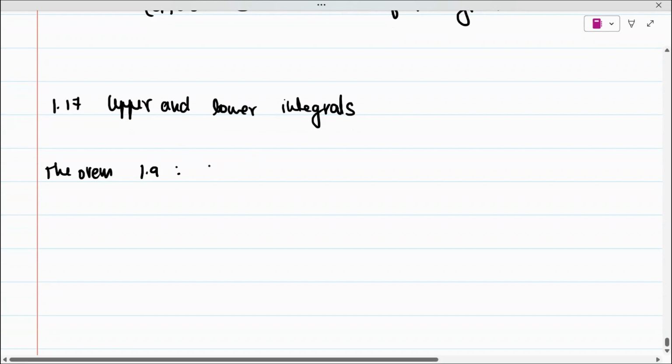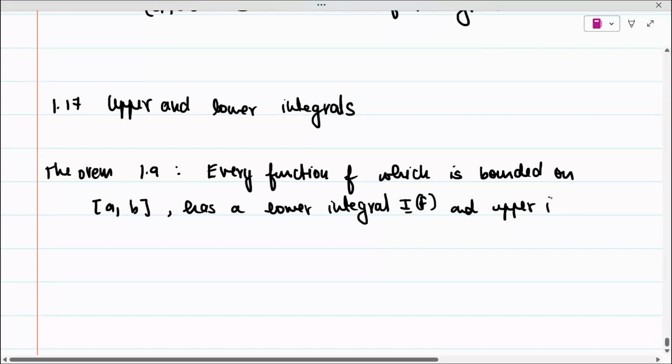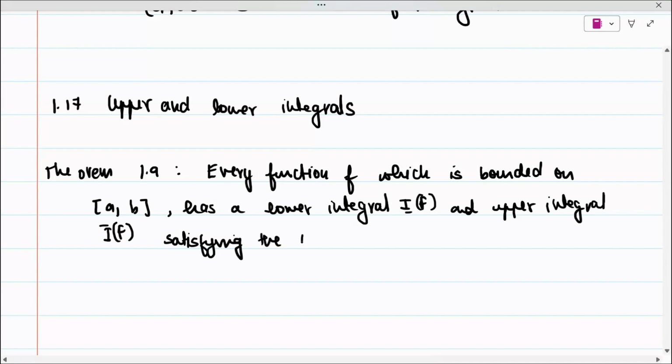With the function f, which is bounded on this interval, we have a lower integral and an upper integral satisfying the inequality.